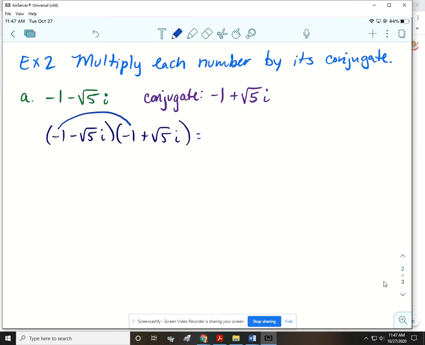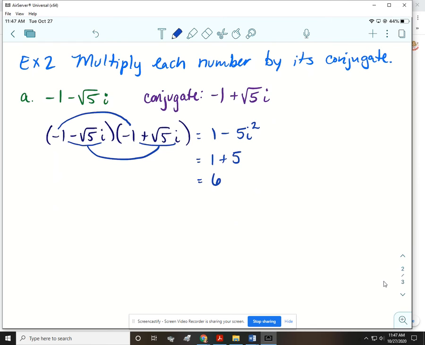So -1 times -1 is 1. And then these imaginary parts, multiply them together. So negative square root of 5 times the square root of 5 is -5. And then i times i is i squared. All right, and then minus 5i squared is the same thing as plus 5, and that's just going to be 6.